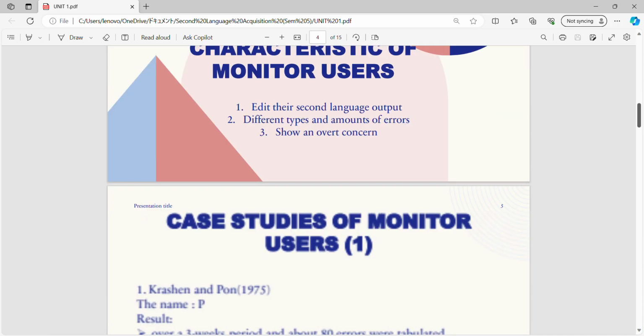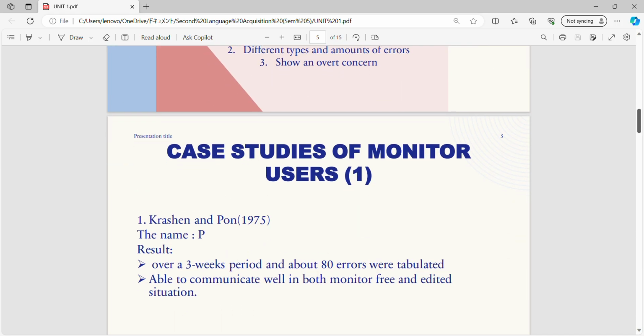Okay, for the next is the individual variation from Krashen, and also the other authors have mixed a case study of monitor user.